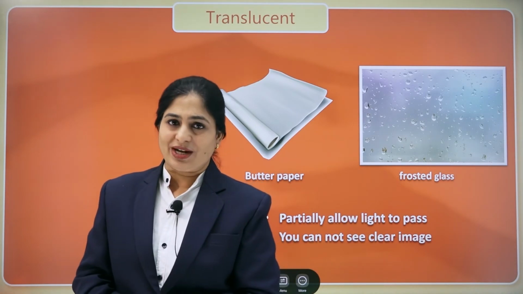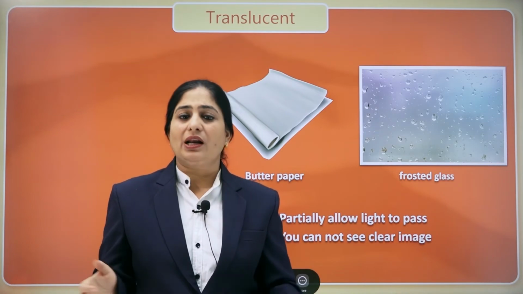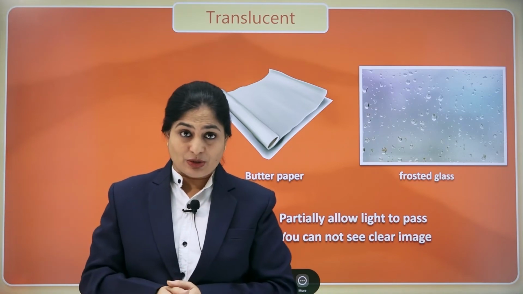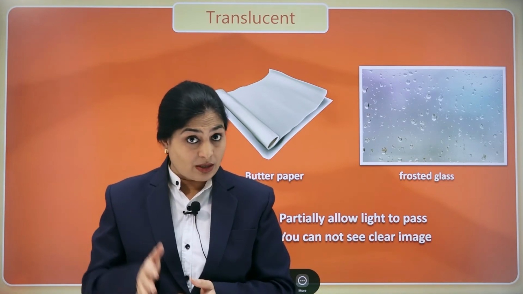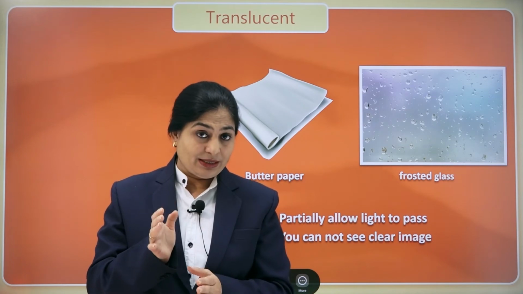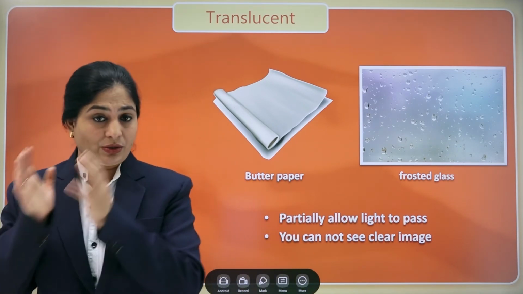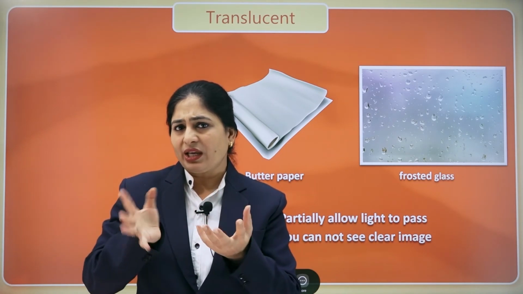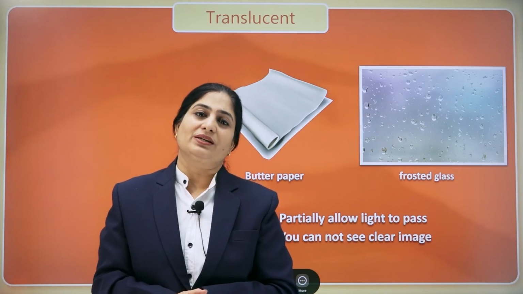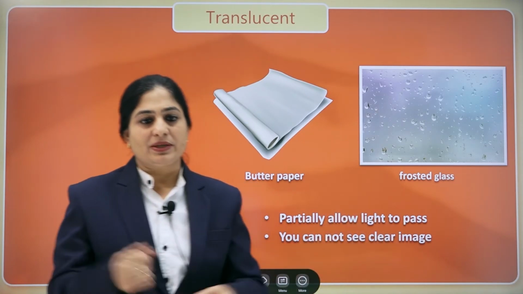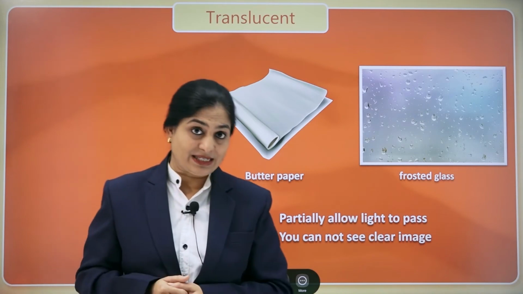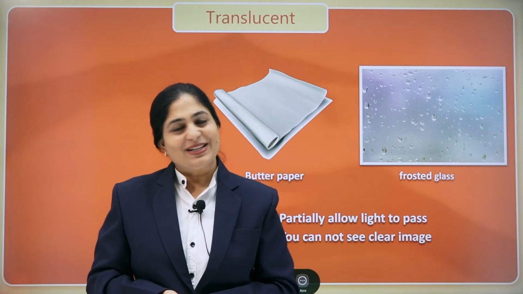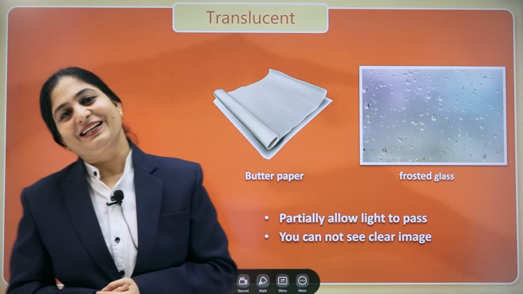Translucent objects partially allow light to pass through them. Complete light cannot pass through, and at the same time they do not block all the light. They allow some light to pass and block some light. So we can see the other side, but only an unclear image. Good examples are butter paper, frosted glass, some thick plastics, and ice. I hope these types of objects are clear to you all.